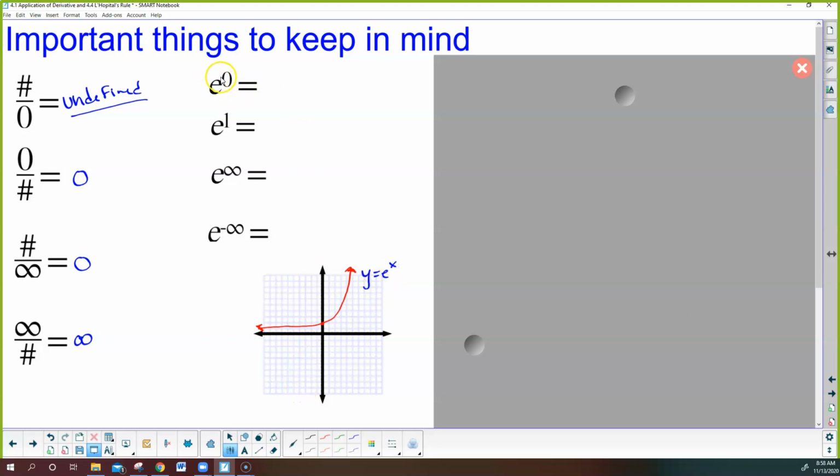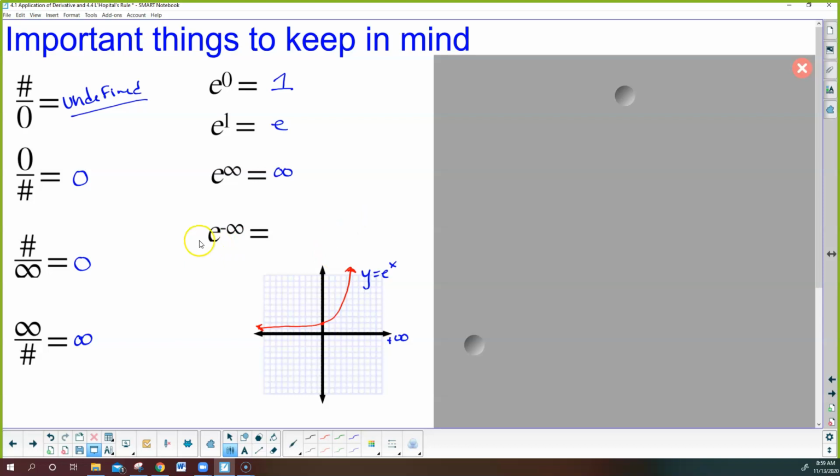Well, e to the 0 power, anything to the 0 power is always 1. Anything to the first power is always itself. So e to the first power, we're just going to call e. What about e to the infinity power? Well, if I go to the far, far right, out to positive infinity, my graph is going to be way, way up, which is infinity.